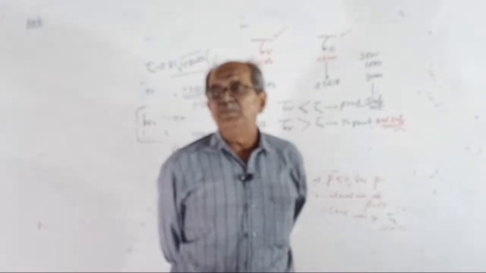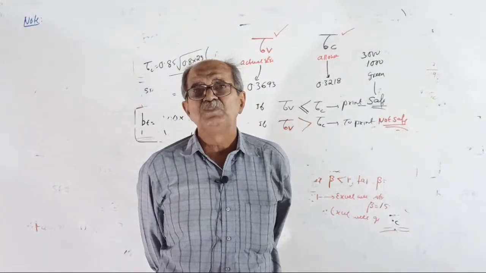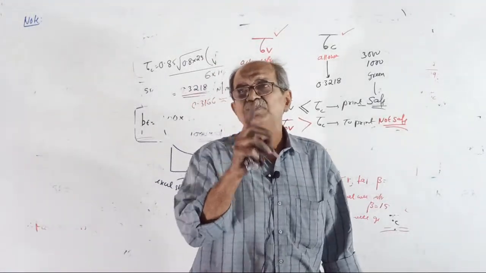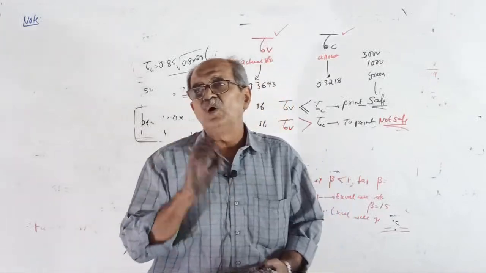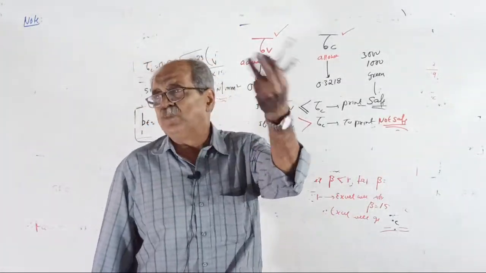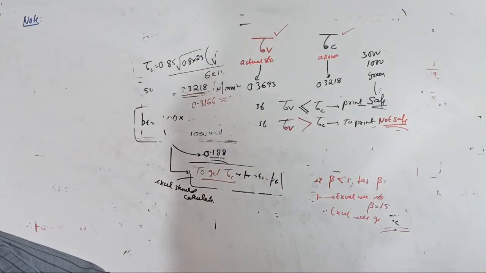I don't believe you, you may not come next time. Then adjustment is not possible. Therefore, if it is highly unsafe, better go for what? Tell me. If it is very highly unsafe, better go for what?